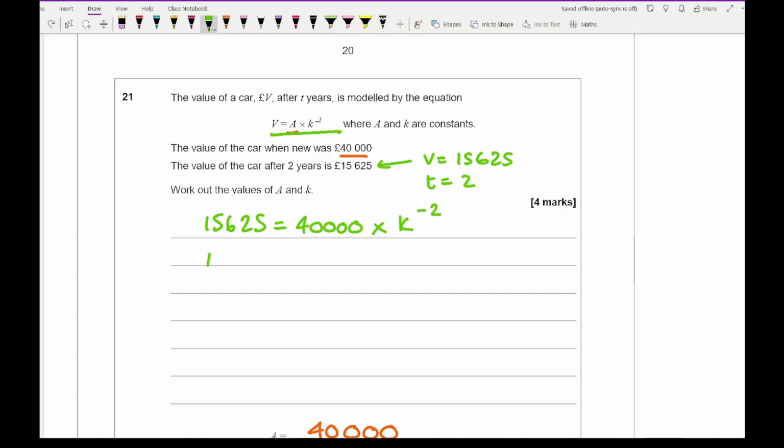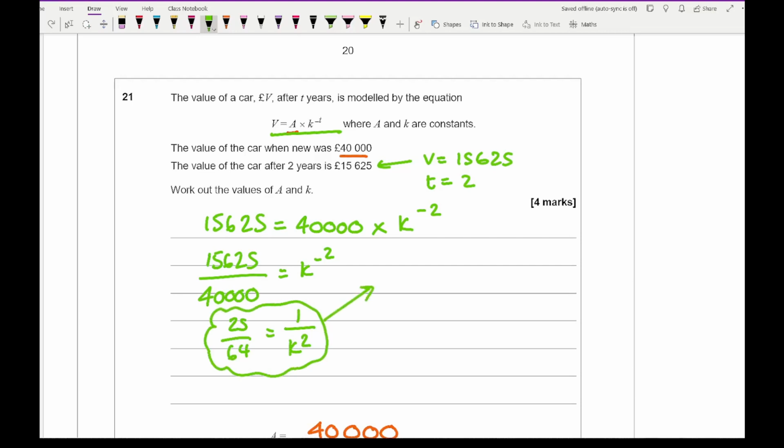Now doing a bit of rearranging, we get 15625 divided by 40,000 equals K to the power of minus 2. And if I work that out, I get 25 over 64 equals 1 over K squared. Then we can do a bit of cross multiplying, in which we get 25 K squared equals 64.